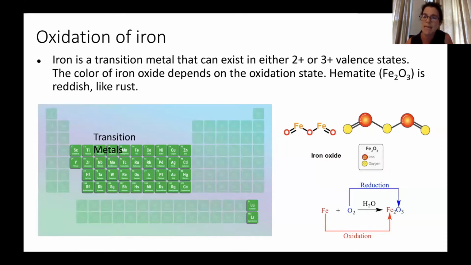So again, hematite, which is sort of our poster child iron oxide, is red like rust, and in fact that is what rust is, that fully oxidized Fe2O3 with that nice earthy red color to it.